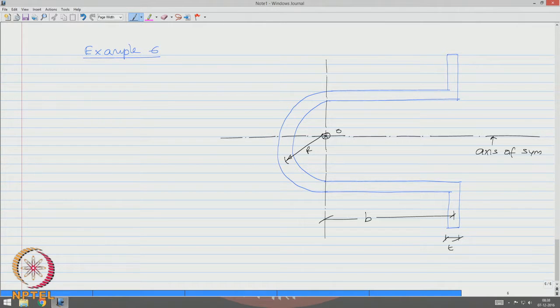and this distance is B 1. Of course, this is also B 1.